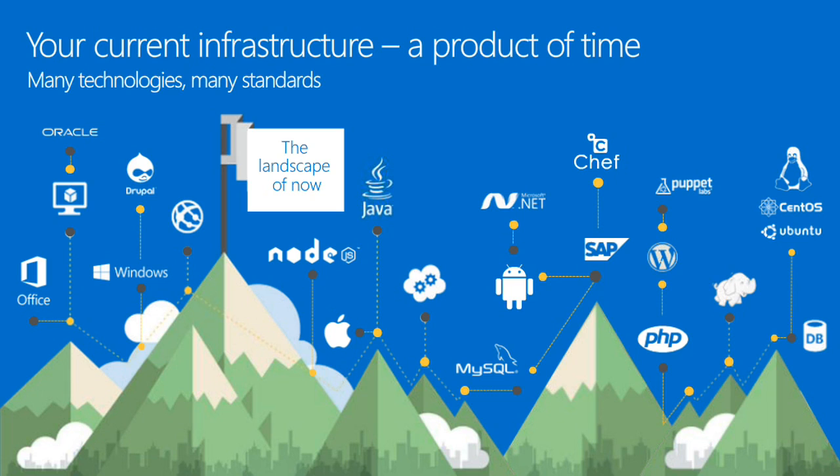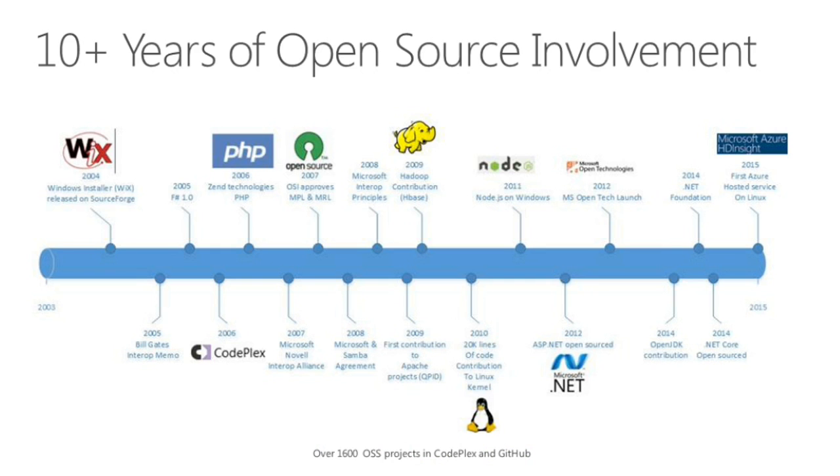And the history of our open source contributions, this is not something that we are doing just a year or a couple of years. We have over 10 years of open source involvement, all the way back to Windows installer that we released on open source force. That is still being used pretty actively.